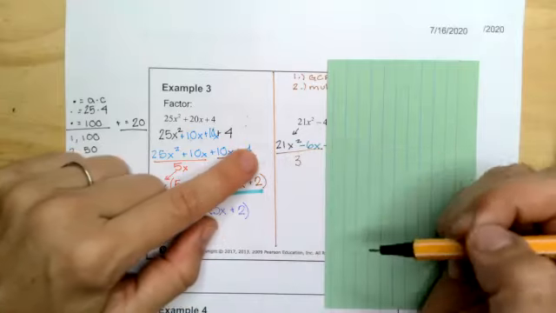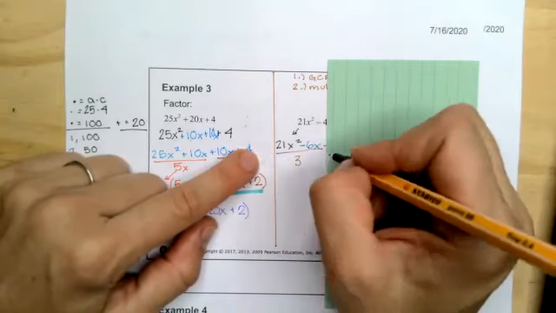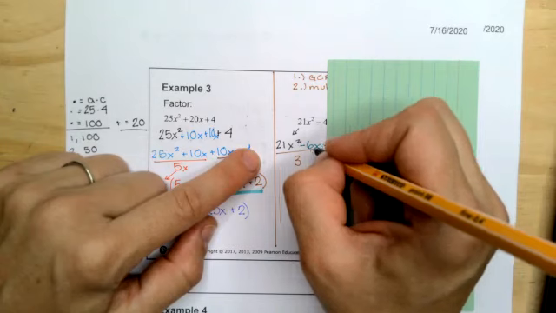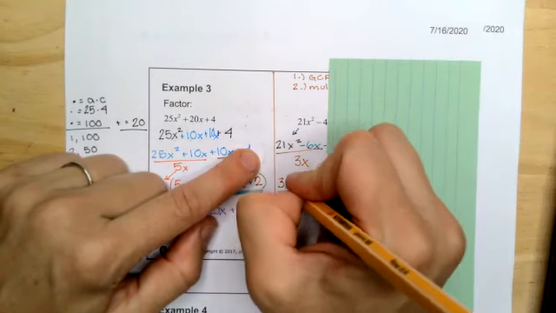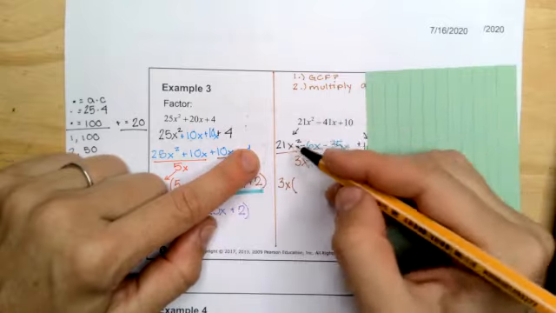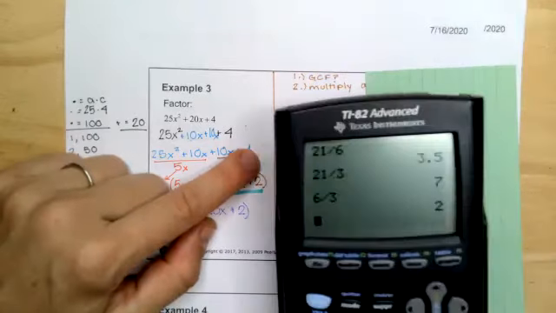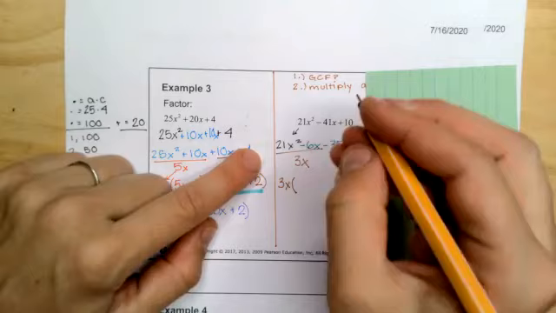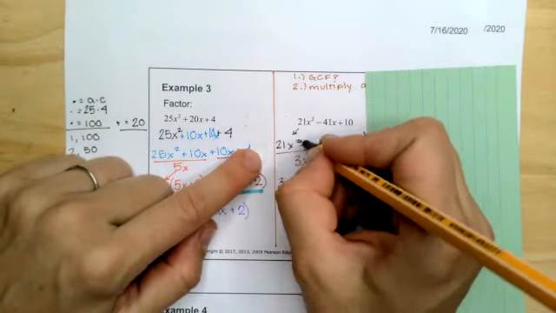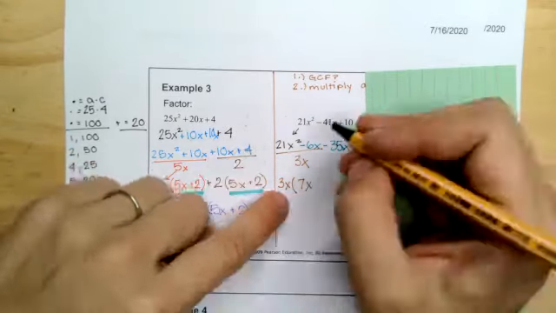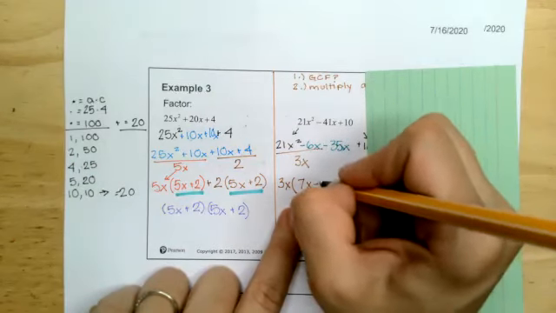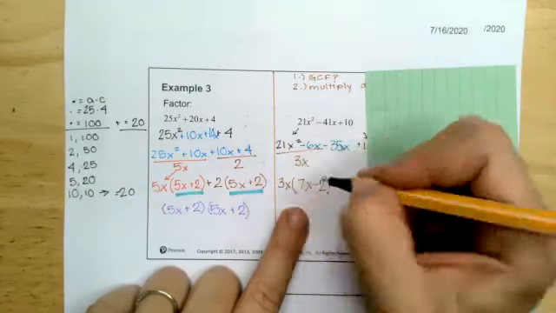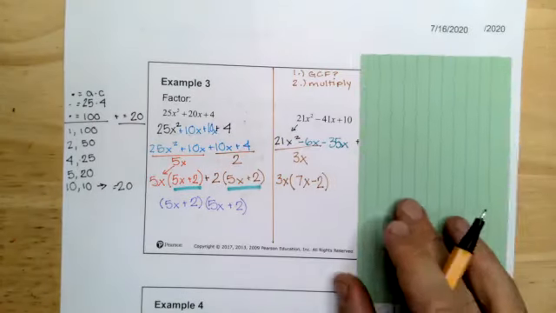Check which of those you can multiply to get 21. And then we have an x squared and an x, so we can also factor out 1x. So we have a 3x. 21x squared divided by 3x: 21 divided by 3 is 7. X squared divided by x is just x. Negative 6x divided by 3x: 6 divided by 3 is 2. X divided by x leaves you with no x's.